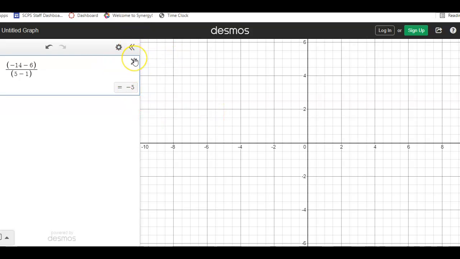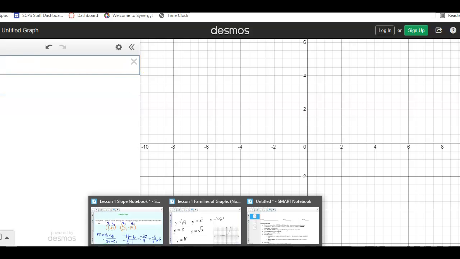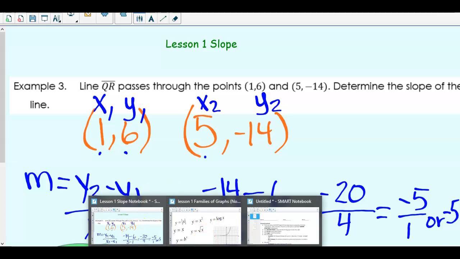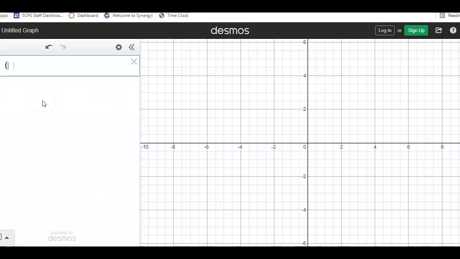Another option, if you are somebody who likes to count slope, you can always put the equation of your line in here or your points. So if I have (1, 6) and (5, negative 14), I'm going to start with my first point, which is (1, 6). Close that.